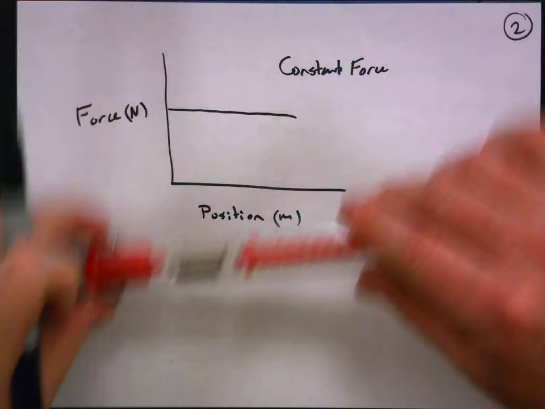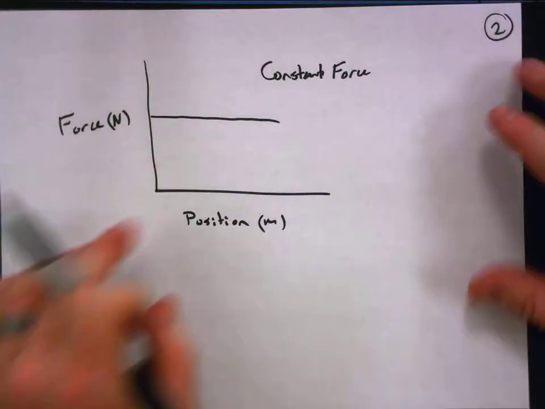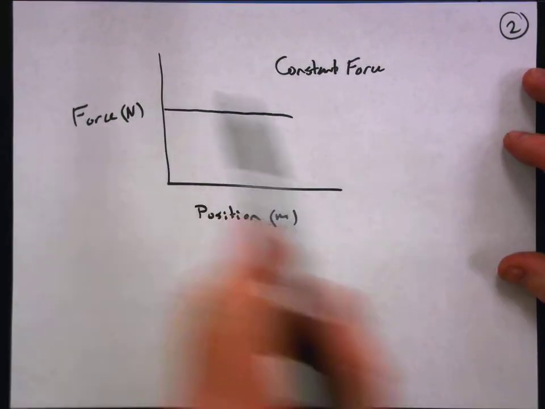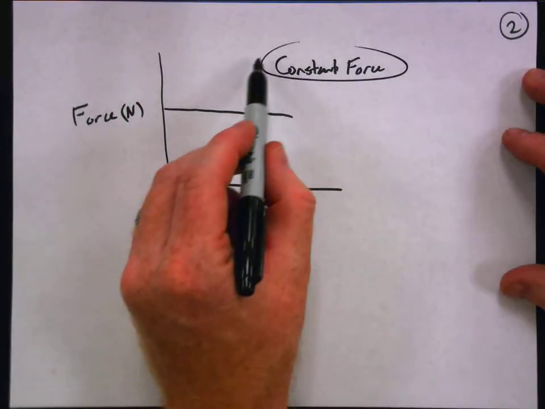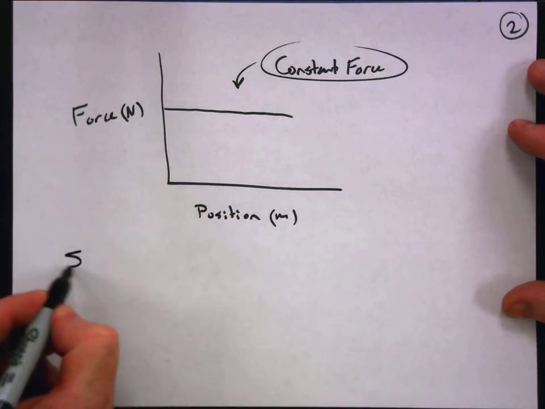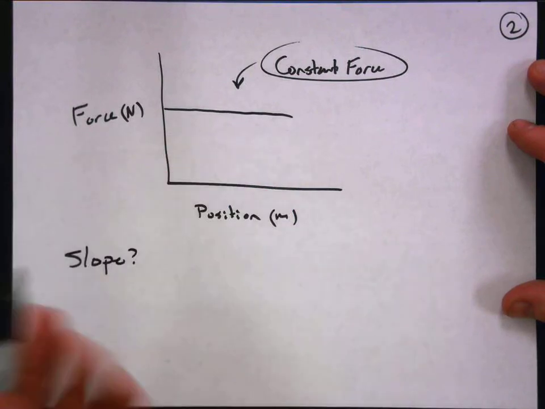Spring forces aren't constant for sure. This thing is getting harder and harder and harder to pull. That's not a graph of the spring force. But look at what we can do. This is a constant force here. What about the slope? Does the slope tell us anything? We've got a graph that looks kind of linear. Can we learn something about the slope?